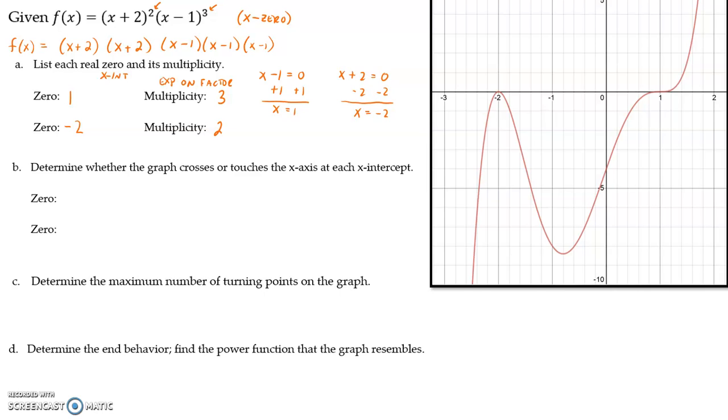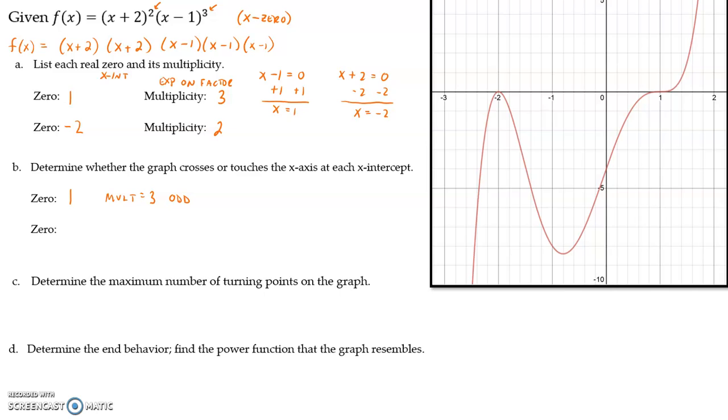Let's take a look at part B. We want to determine whether the graph crosses or touches the x-axis at each of those x-intercepts. So our first zero was the number 1. Keep in mind that it had a multiplicity of 3, which is an odd number.